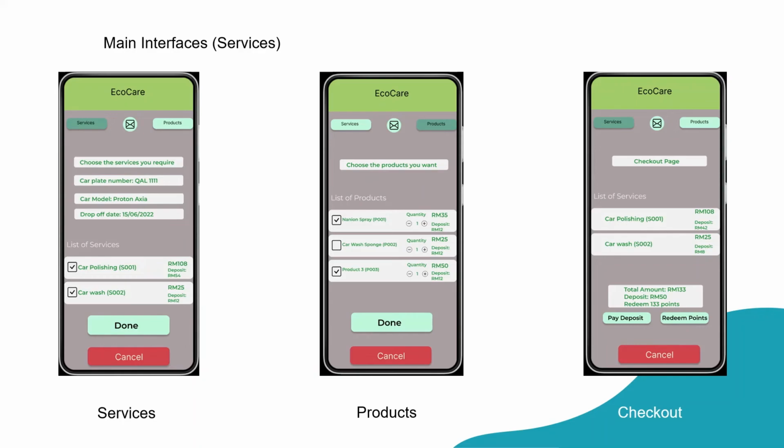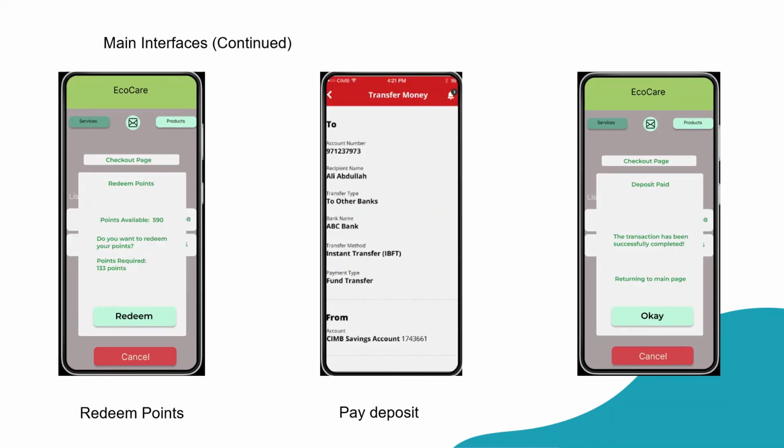After that, the checkout page displays the services or products selected by the customer, and the total amount is displayed along with the deposit and the points required for redeeming if the user chooses to redeem the points, along with two methods of payment, which are paying the deposit or redeeming points. Next is the rest of the main interfaces.